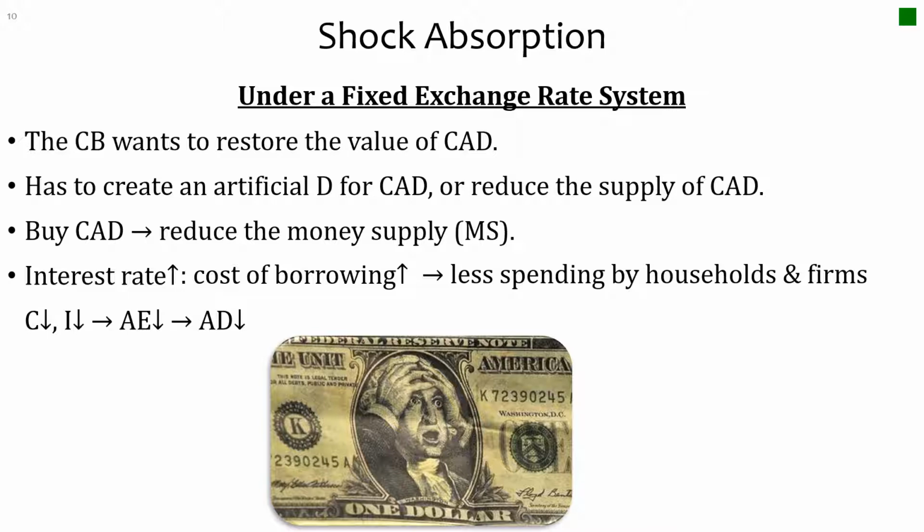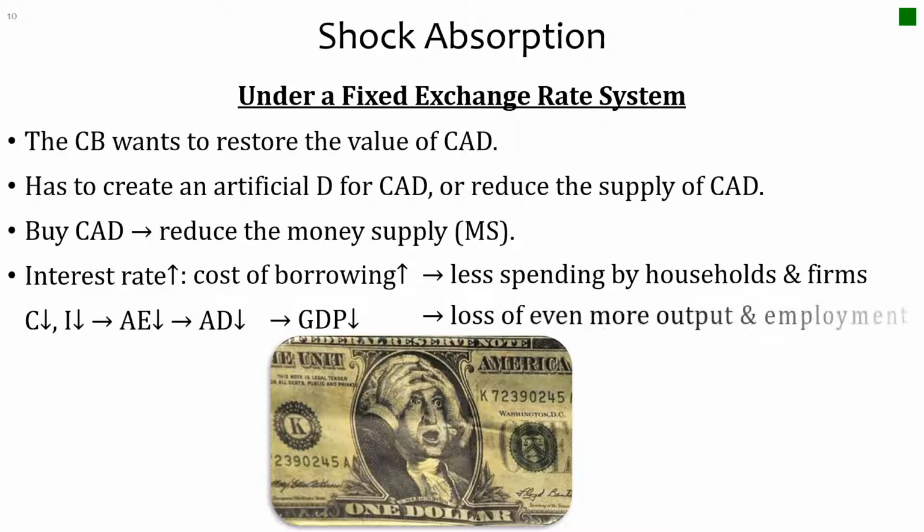So consumption and investment go down, which means aggregate expenditure goes down even more because we already had a decrease in exports, and the AD goes down, and it's going to shift to the left. And because of that, the GDP is going to go down, right? Which means there's going to be a loss of even more output and employment.